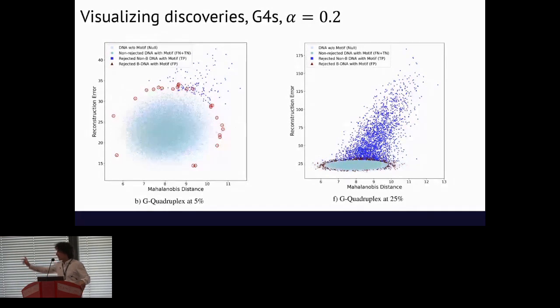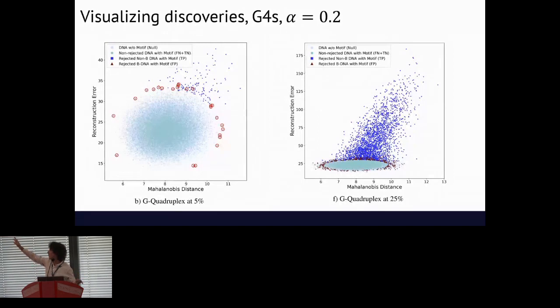So the red triangles here, and I'm highlighting them because they're hard to see, are rejected bDNA with the motif. Okay, so what does this mean? We took a bunch of bDNA and we passed it through the model, and then we saw where it embedded. Okay, now these are outside of the null distribution pretty much without any sort of structure. They're just all around. Okay, so we would call these anomalies or outliers.